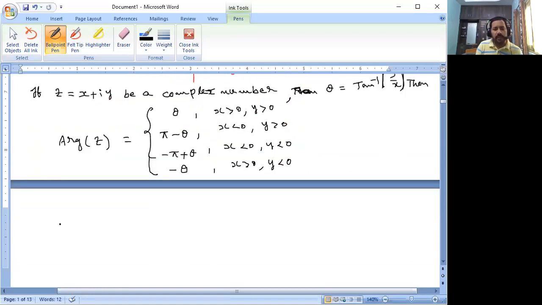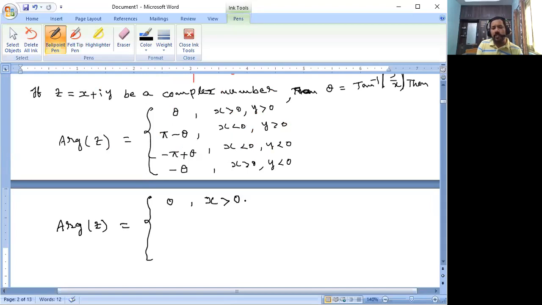Okay. Next. So we are observing the complex number lying in different quadrants. Suppose the complex number lies on the positive x-axis or negative x-axis, positive y-axis, like that. On the positive x-axis, y is 0, so the argument is 0. Suppose x is equal to 0 and y greater than 0.